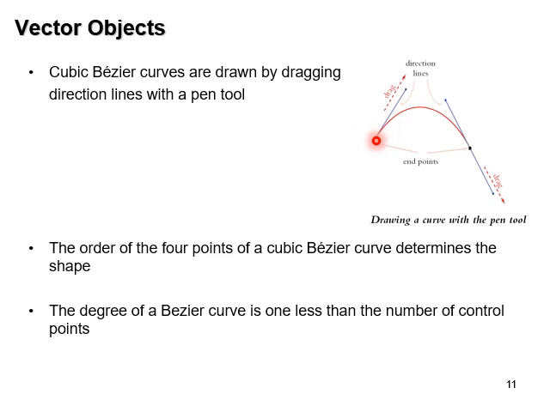You click on this point and then you drag a straight line. As I explained, the curve will be like this, and then when you draw the other line, the curve would bend the other way around. And as I mentioned, the order of the 4 points of a cubic curve determines the shape. The degree of a Bezier curve is 1 less than the number of control points.